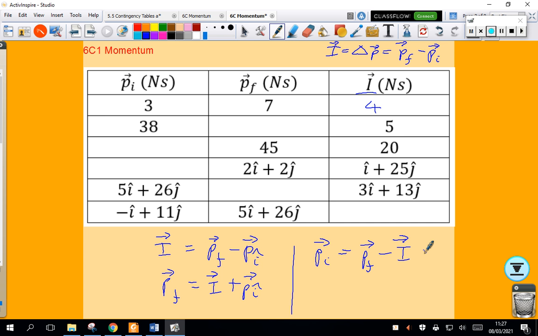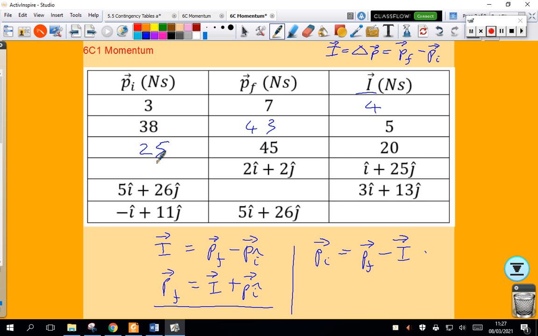What am I looking for here? I'm looking for final momentum. Well, final momentum is impulse plus initial, so 5 plus 38, that's 43. To find my initial momentum, well, initial momentum is final minus impulse, 45 minus 20, that's 25.